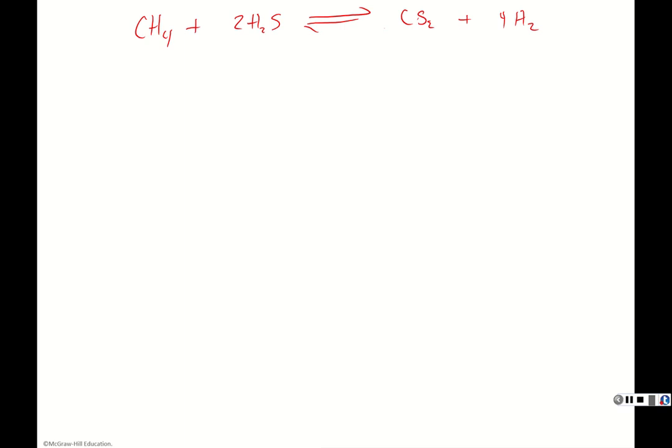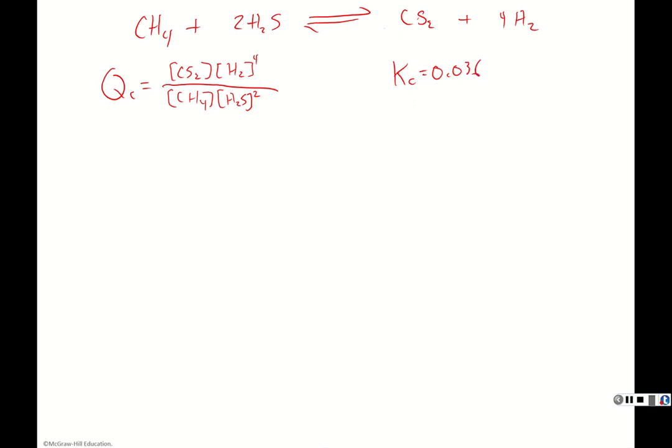Okay, so our equilibrium constant and reaction quotient, if we write those expressions, they're going to be products, which is CS2 times H2 to the fourth power, divided by reactants, CH4 and H2S. Okay, so that'd be our expression for that. We're given the equilibrium constant here as 0.036.